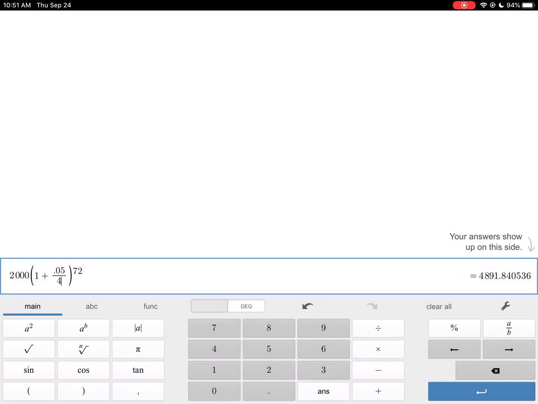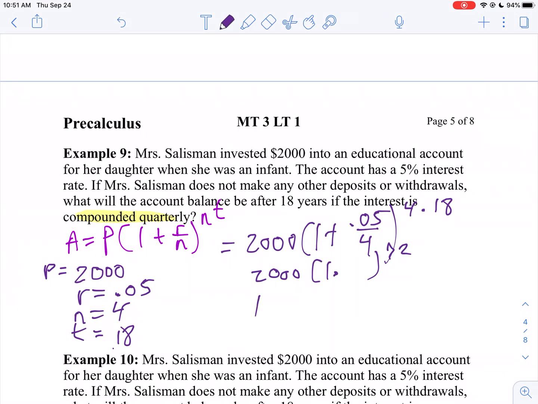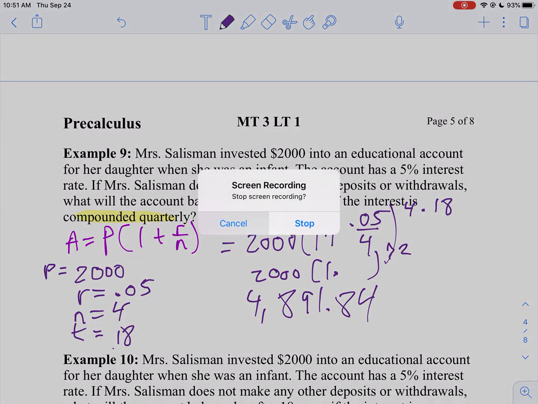She's going to have $4,891.84. So she's got 2.5 times her money pretty much.